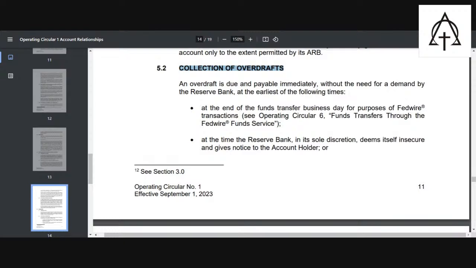An overdraft is due and payable immediately without the need for a demand by the Reserve Bank at the earliest of the following times. At the end of the funds transfer business day for purposes of FedWire transactions. See Operating Circular 6, funds transfers through the FedWire Funds Service.